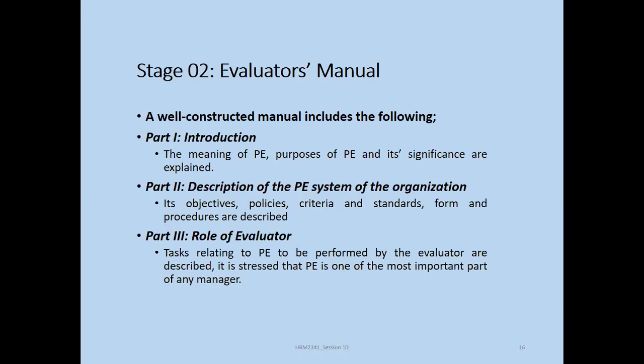We need to collect correct information and evidence about the performance of the employee, how to collect this evidence, and how to fill in our performance evaluation forms in a correct way. Likewise, the role of the evaluator can be described under this part.